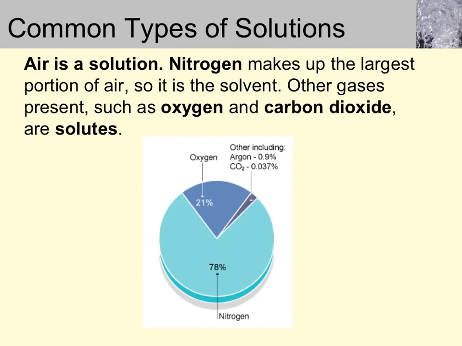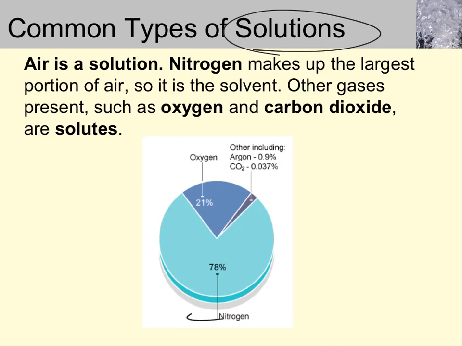So let's look at one common type of solution, and that is air. A lot of people don't realize that the air you breathe is actually a solution. It's a solution of gases. And that's a perfect example of the type of solution where it's not entirely apparent what the solvent is and what the solutes are. So in this case, you have to look at all of the components.